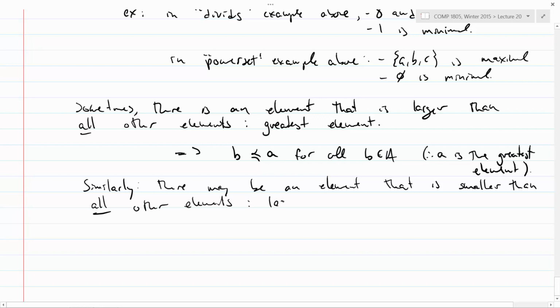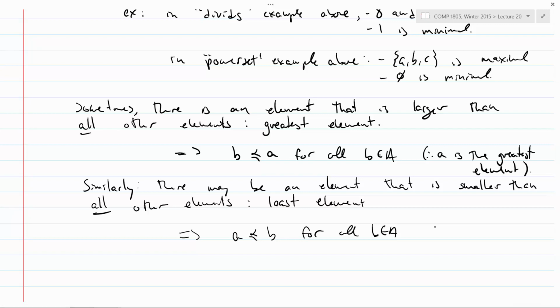It's called a least element if it's smaller than all other elements. What that means is that A is less than or equal to B for all B in S. So both the greatest and least elements are unique when they exist. So if they don't exist, there's none of them.